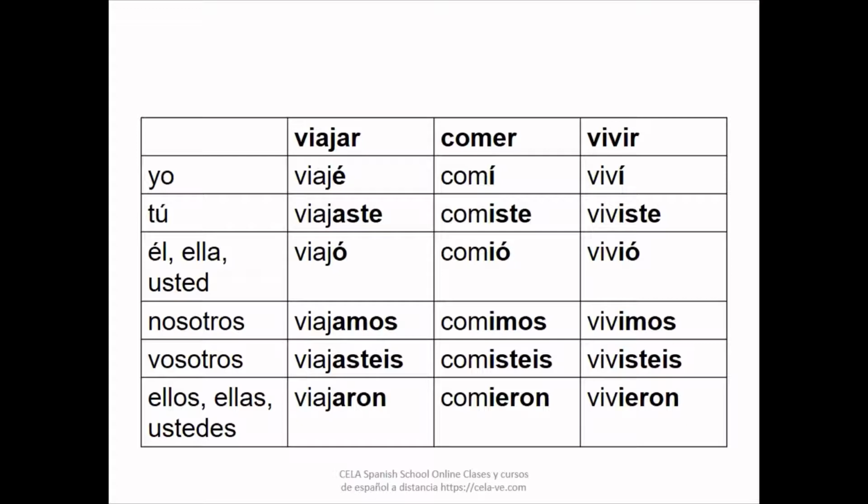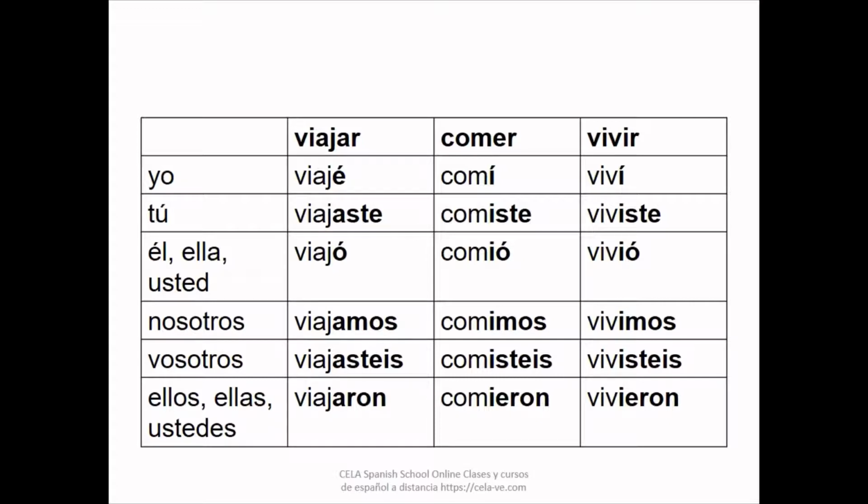As we have already said, the first person singular ends in é and í. The third person singular ends in ó, the opposite of the present. Practice this a lot to avoid mistakes. You will also notice that in this tense, the conjugation of tú does not have a final s.